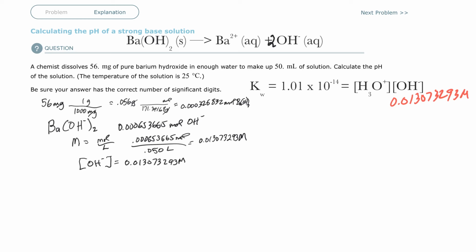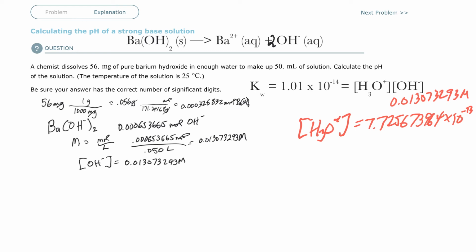Then I have this number equals something times this number. So when I want to get it by itself, I'm just going to divide. So it's going to be this number divided by this. Right, so the concentration of hydronium equals 7.725673964 times 10 to the minus 13 molar.